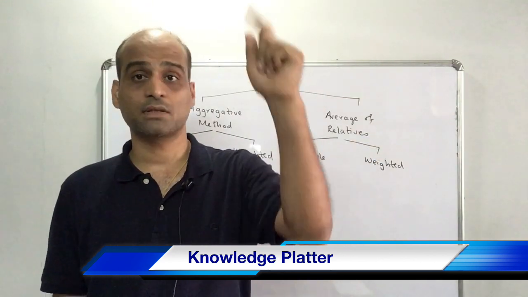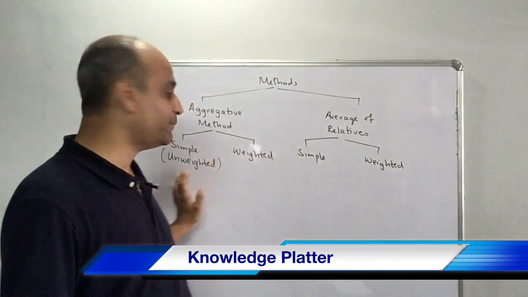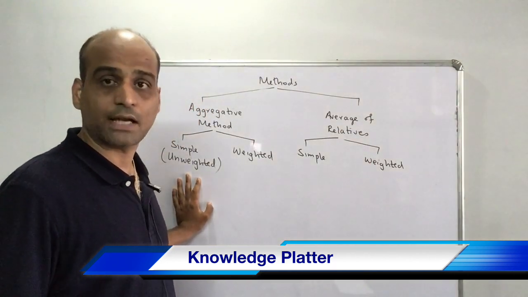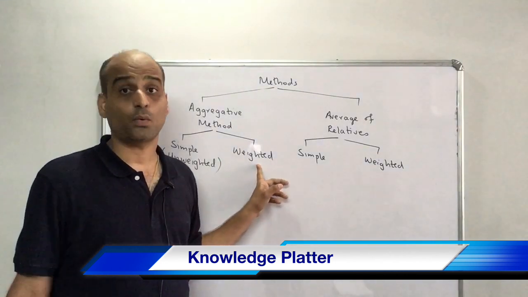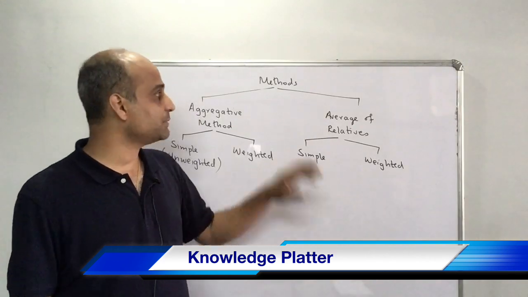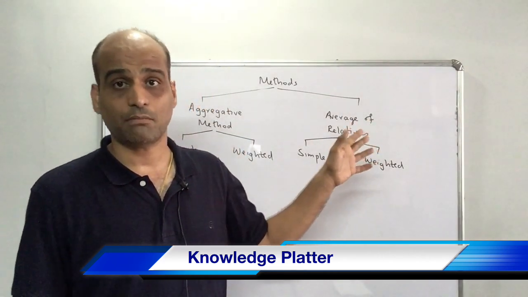So 50 represents the weight for food. So in simple, no weights are used, that is why it's called unweighted, and in the weighted we use the weightage system.